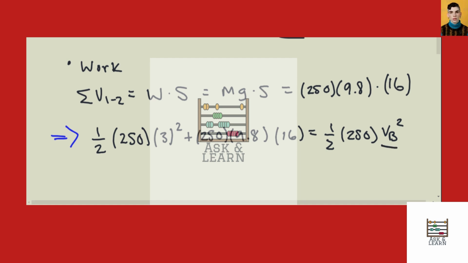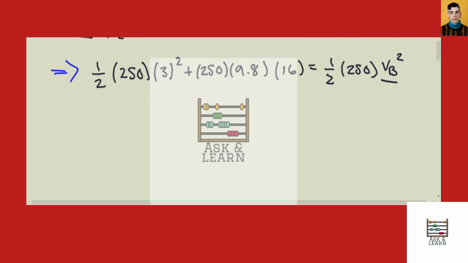So let's clean this up a little bit. On the left side we have 1,125 plus 39,200, and then 250 divided by 2 is 125, and we can divide that out to this side.